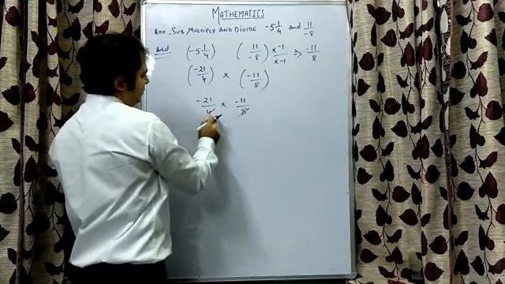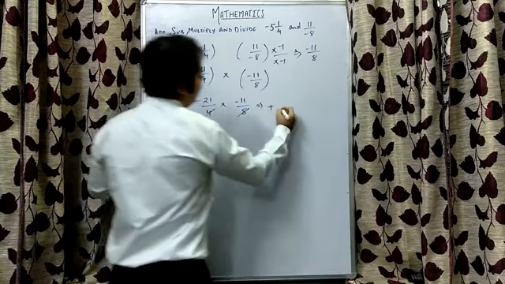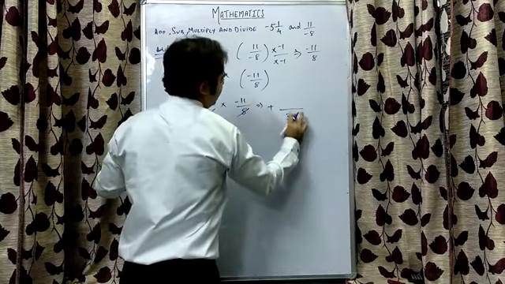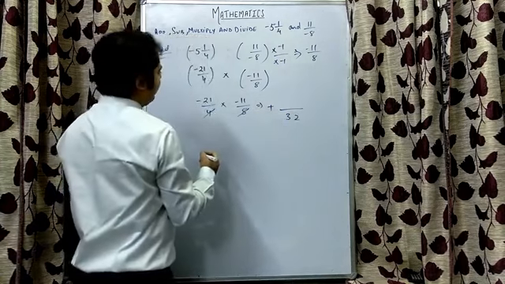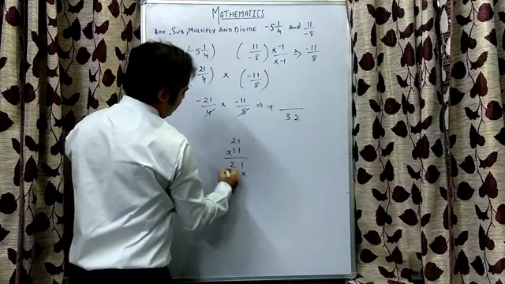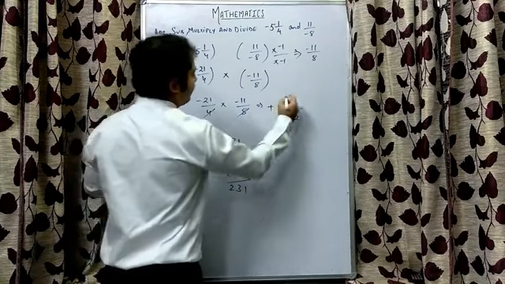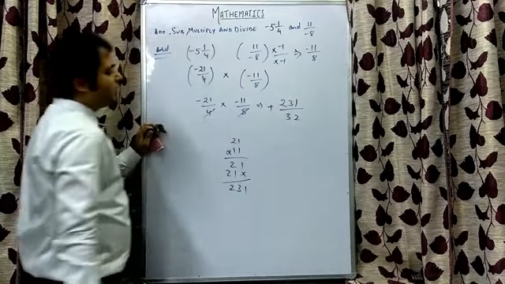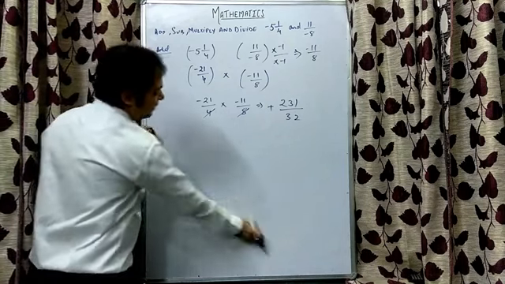So minus into minus will give plus, 4 8s are 32, and 21 into 11 will give 231. So the answer will be 231 by 32. This was for multiplication.